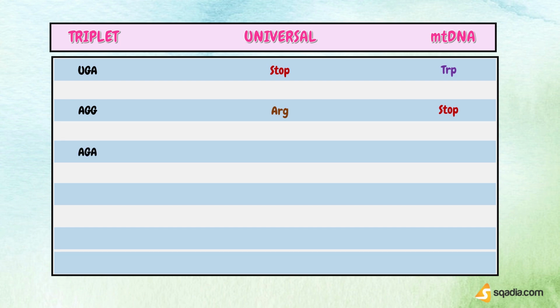AGA codes for arginine, but in mitochondrial DNA, it is a stop codon. AUA codes for isoleucine, but in mitochondrial DNA, it codes for methionine. AUU codes for isoleucine, but in mitochondrial DNA, it codes for isoleucine elongation and methionine initiation.